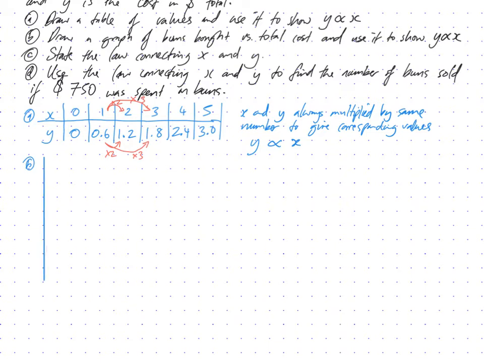This is going to be the cost, and this is going to be the number of buns. So we sold 0, 1, 2, 3, 4, 5.